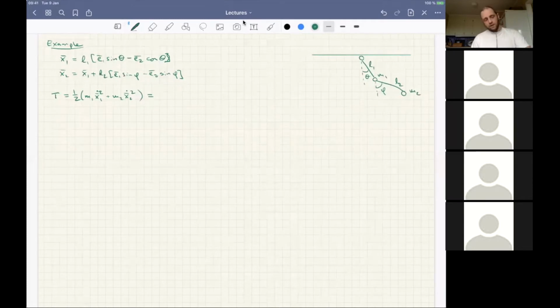And if you take the time derivatives of both x1 and of x2, and you square them, you're going to end up with the following expression.